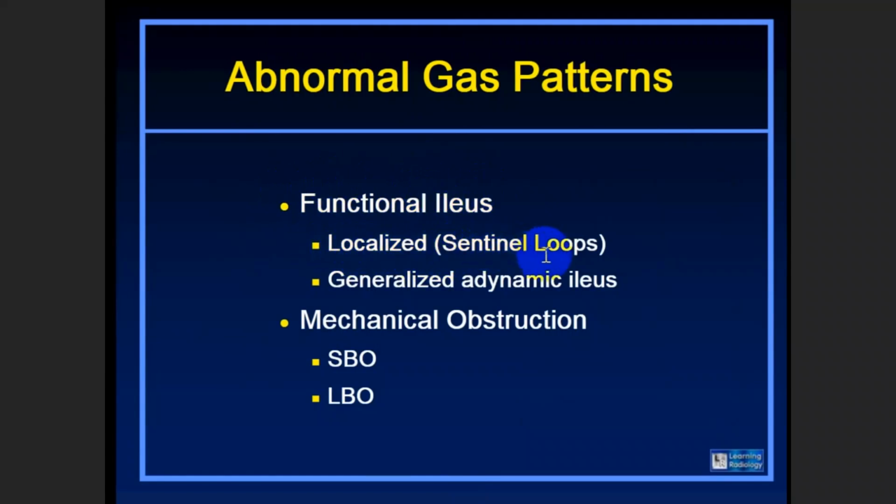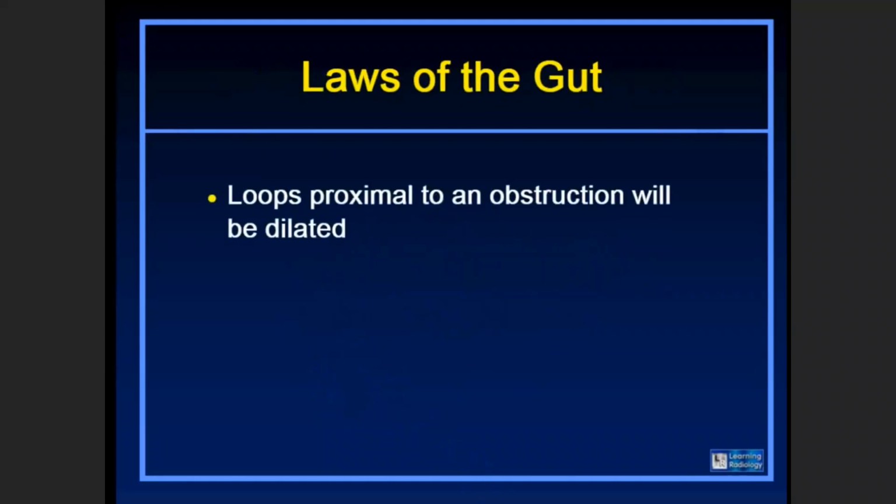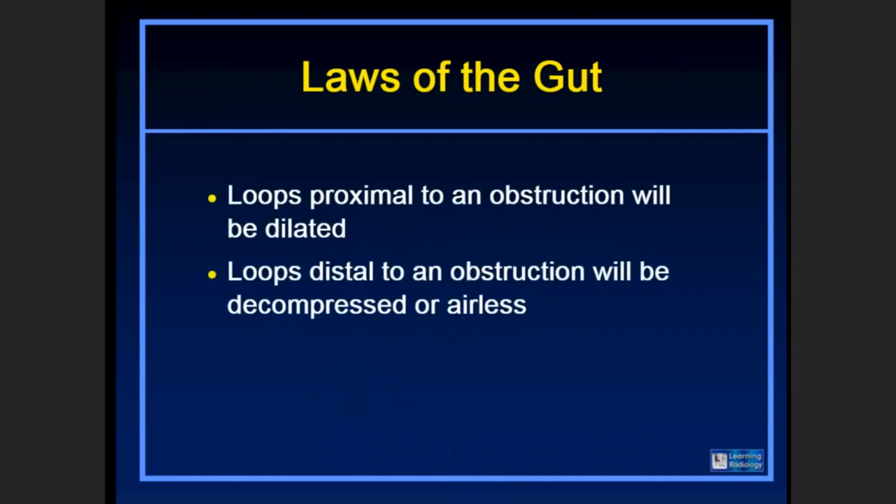Localization: sentinel loops, generalized adynamic ileus, and mechanical obstruction, which could be small bowel obstruction or large bowel obstruction. SBO stands for small bowel obstruction. LBO stands for large bowel obstruction. The laws of the gut: loops proximal to an obstruction will be dilated.